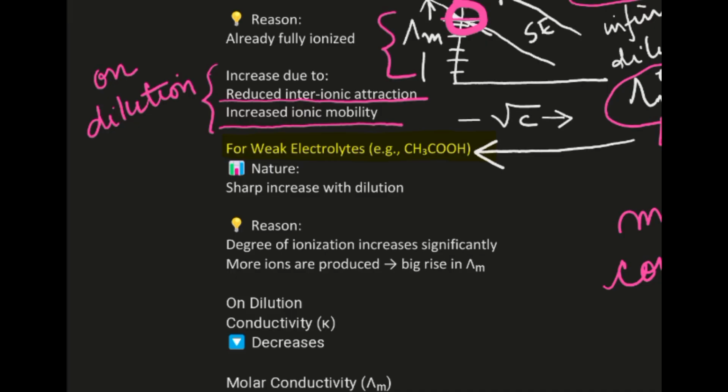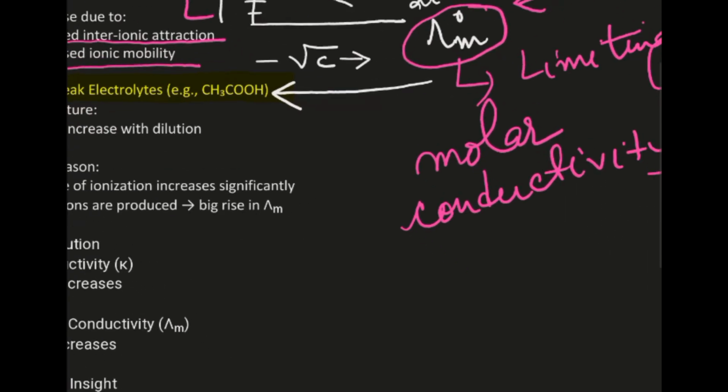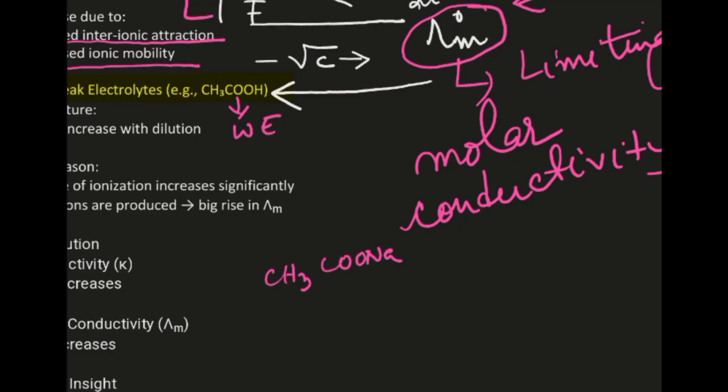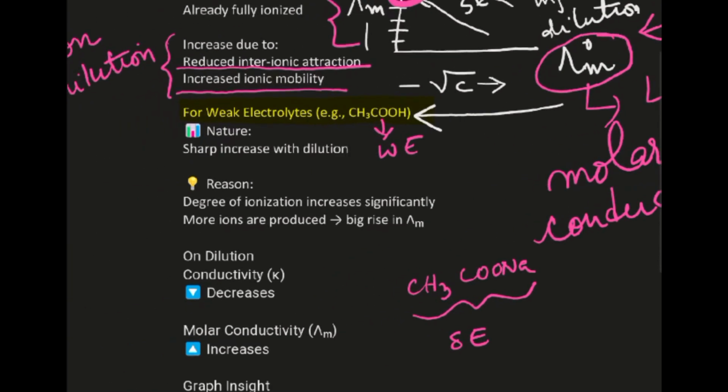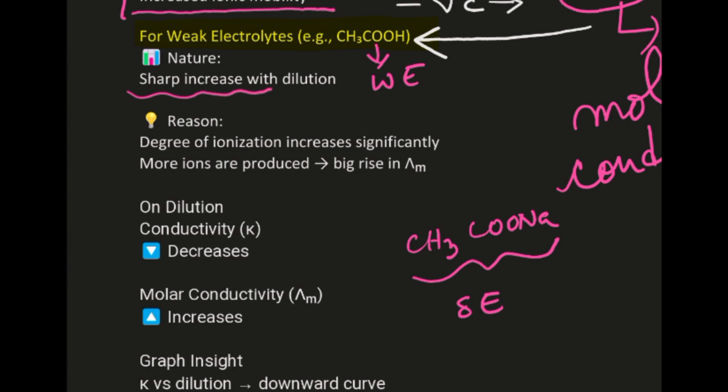But for weak electrolyte like acetic acid, keep in mind one more thing, that acetic acid CH3COOH is a weak electrolyte, but CH3COONa, sodium acetate, is a stronger electrolyte. For weak electrolyte, there is a sharp increase with dilution. Why?